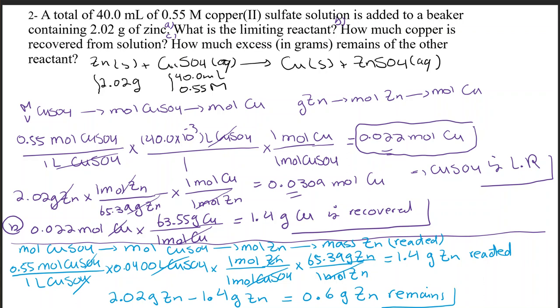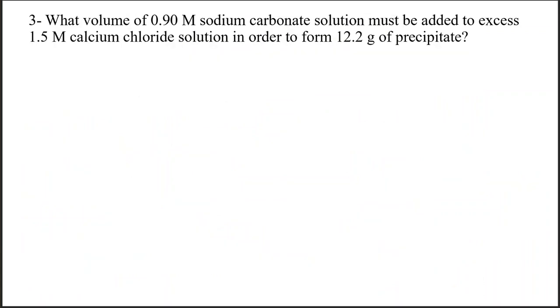So let's look at another question here. What volume of 0.90 molar sodium carbonate solution must be added to excess 1.5 molar calcium chloride solution in order to form 12.2 grams of precipitate? So let's first write the equation and then we see what's given to us and what we're solving for.